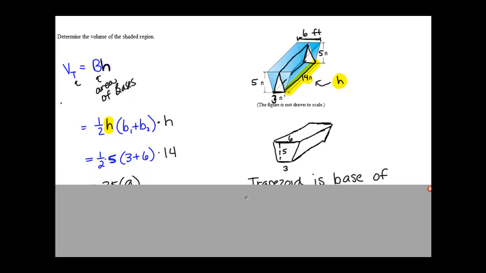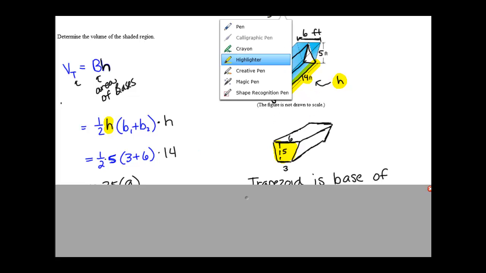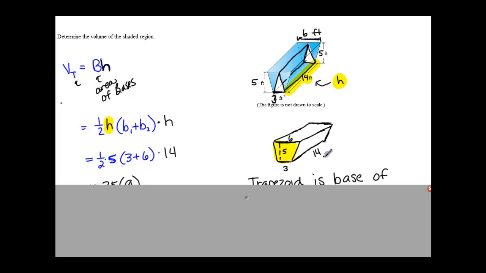So to find the area of just the base, that would be 1/2 the height of the trapezoid times the sum of the two bases of the trapezoid, 3 plus 6, times the height of that prism, which we said was 14 feet.